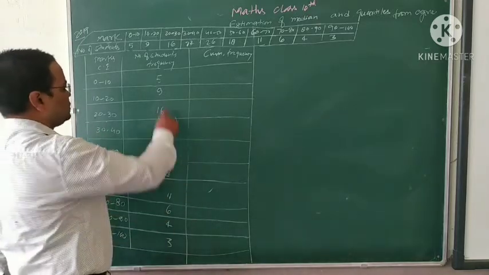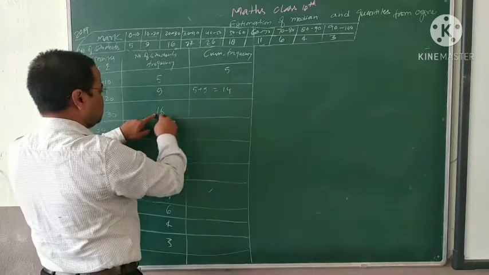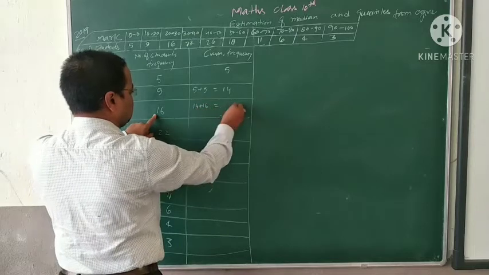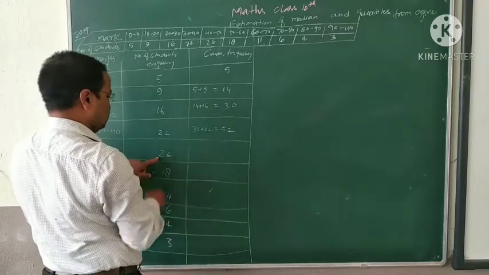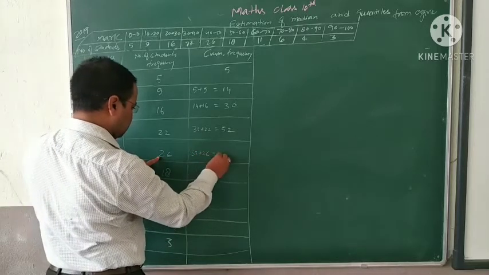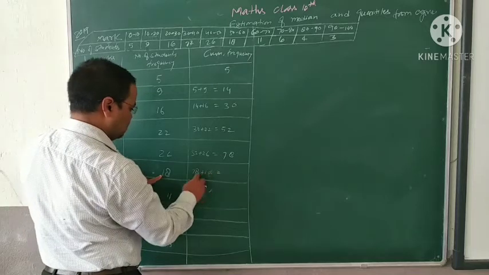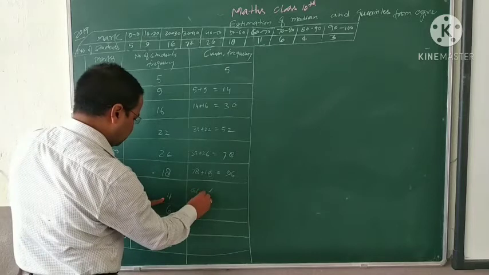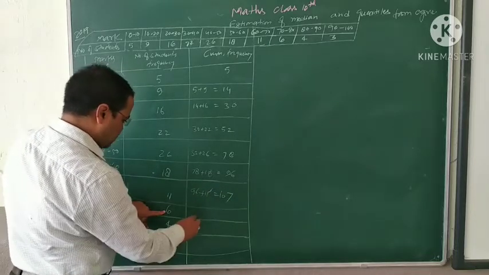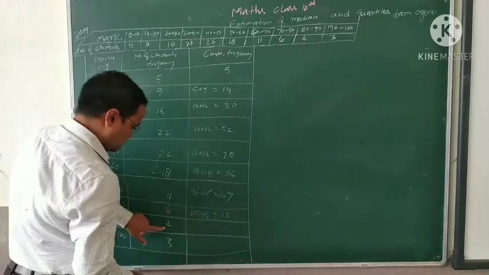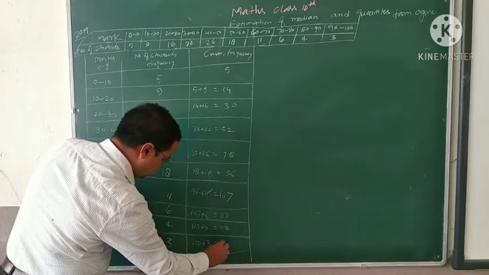Now how do we find the cumulative frequency? Just write 5 here, and we add 5 and 9: 5 plus 9 equals 14. 14 plus 16 is 30. 30 plus 22 is 52. 52 plus 26 is 78. 78 plus 18 is 96. 96 plus 11 is 107. 107 plus 6 is 113. 113 plus 4 is 117. 117 plus 3 is 120.